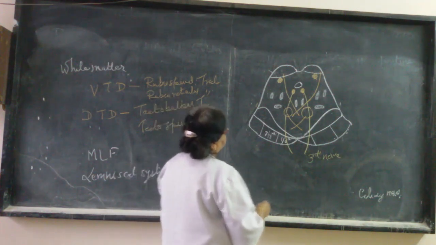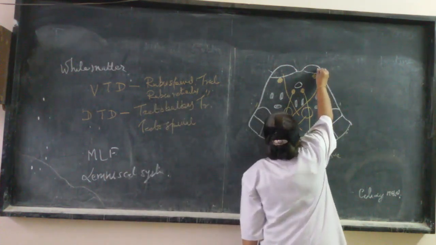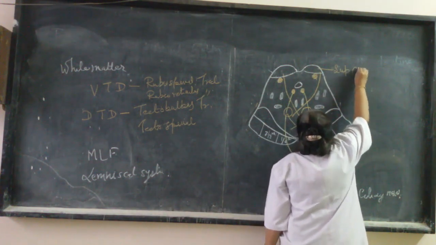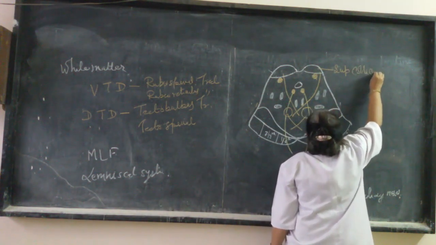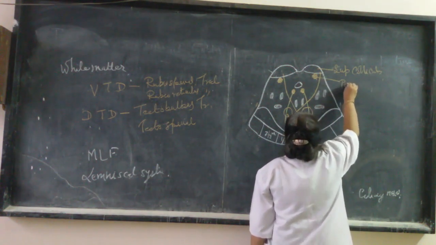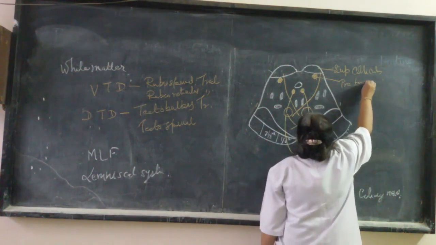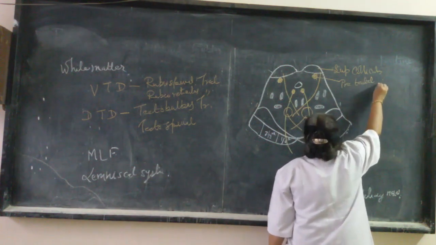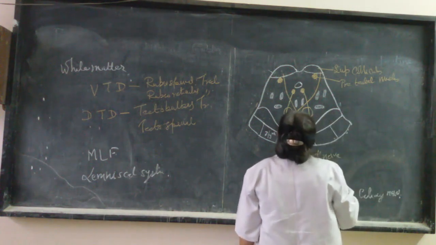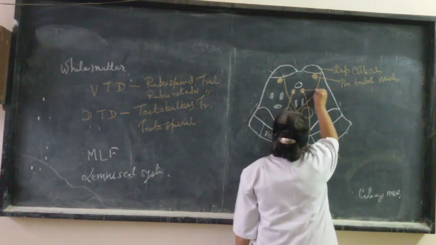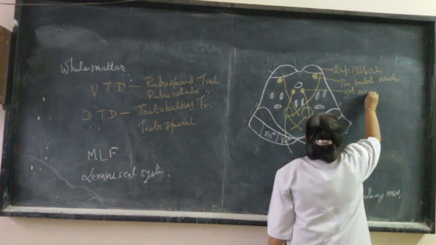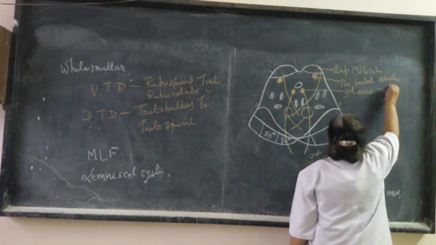Just to label the diagram, this is the superior colliculus. This nucleus is the pretectal nucleus. This is the third nerve nucleus.